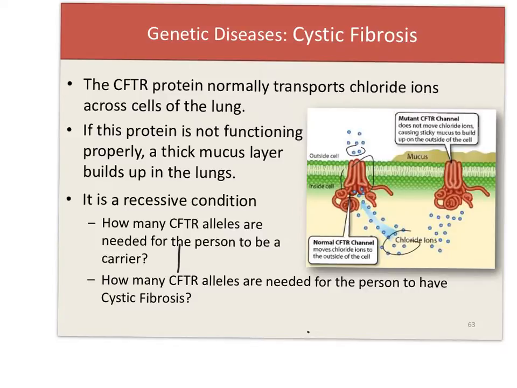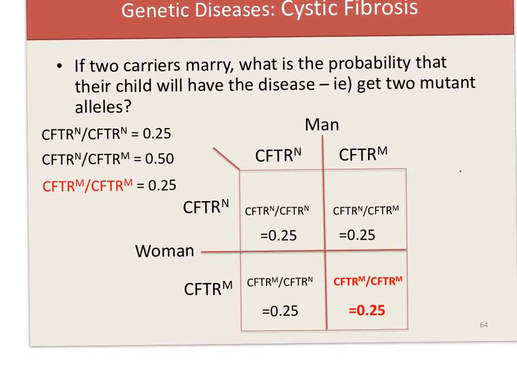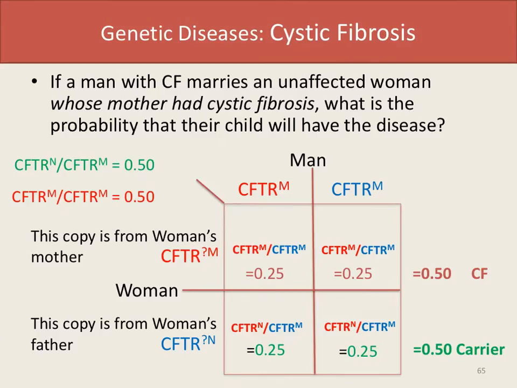Anybody? 1, 10, 2? 2. So this is kind of what it looks like, as before. If 2 carriers marry, what's the probability that the child will have the disease? Same as 25%, just like sickle cell anemia.